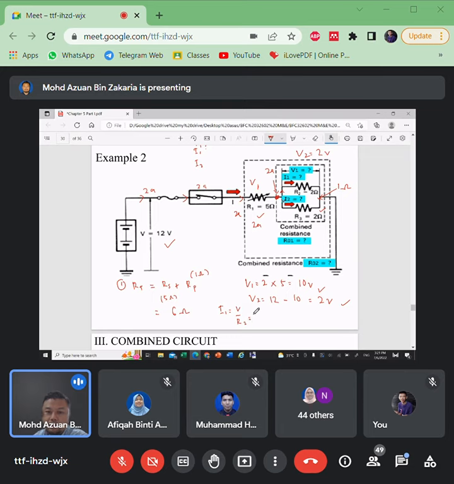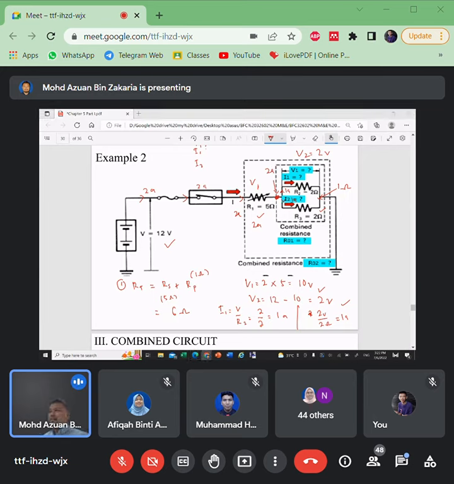So V is 2, R2 is 2, so 1 ampere. And another one, because similar ohm, it is similar. 2 volt divided by 2 ohm equals 1 ampere. So one branch is 1 ampere, another branch is 1 ampere. So total is 2 ampere.